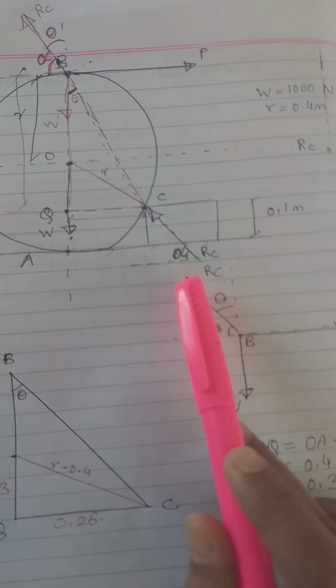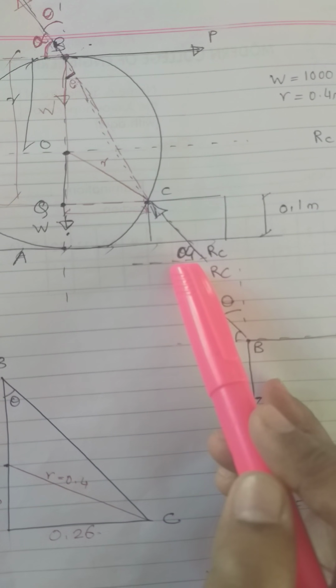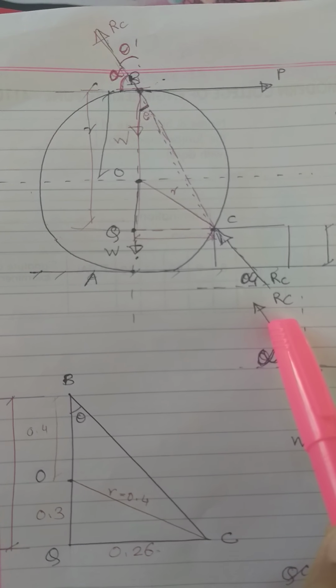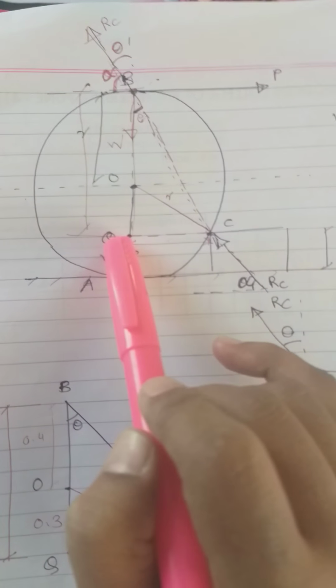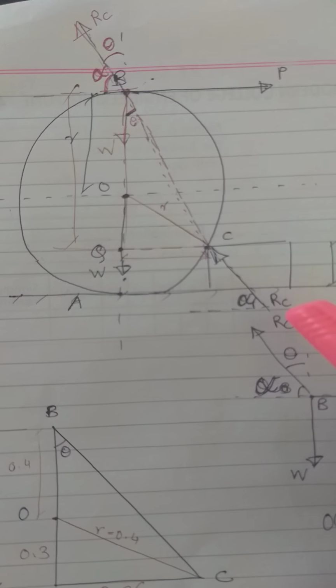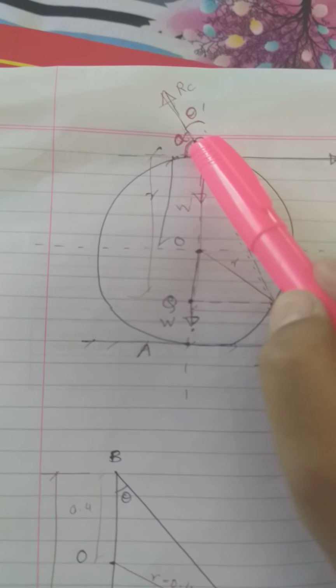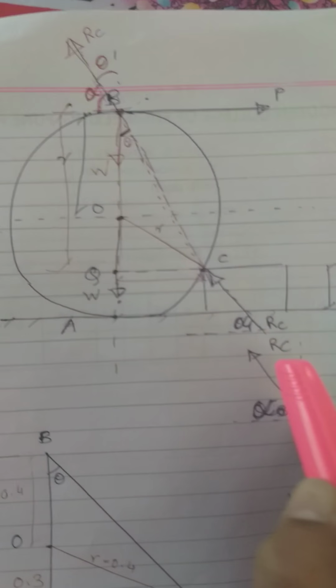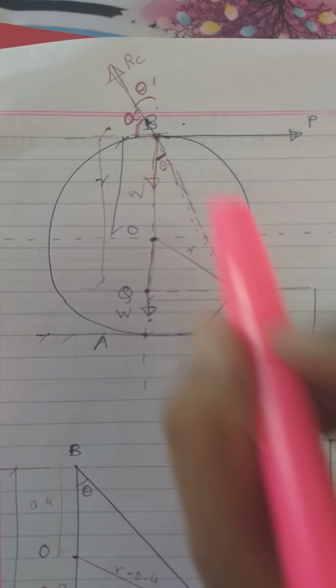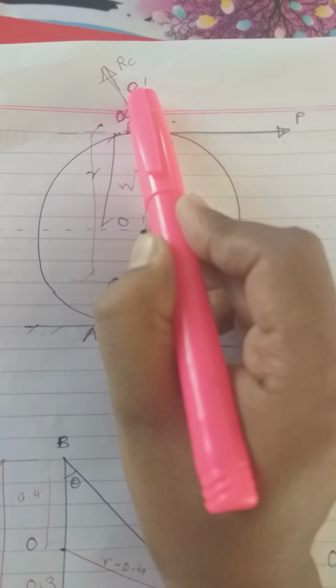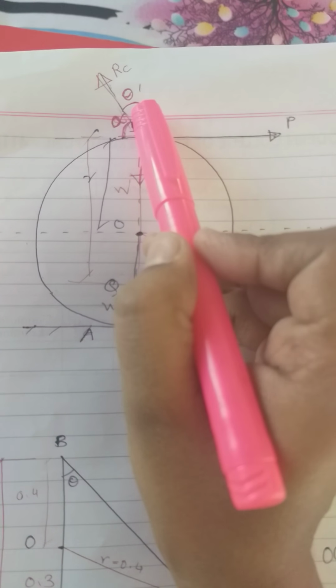Okay, now the thing is, what is this angle? That we have to find out, correct? So if this is your reaction, I consider this reaction is passing through this point P. So this is the alpha angle. It is making alpha with the horizontal and this theta with the vertical. Either value we can find out.